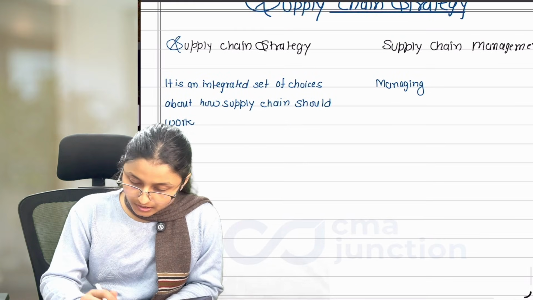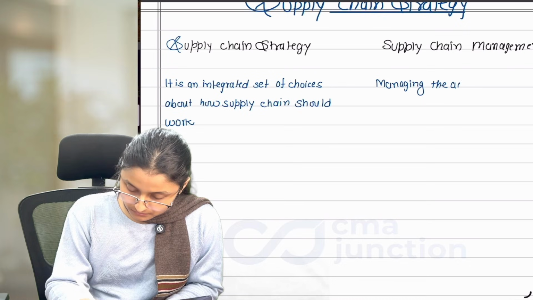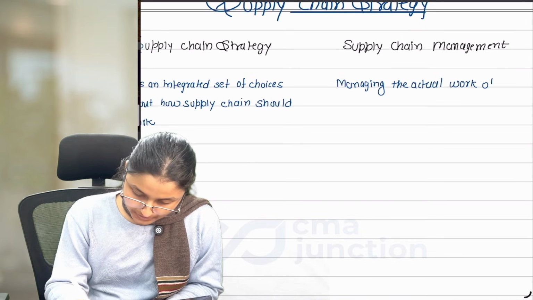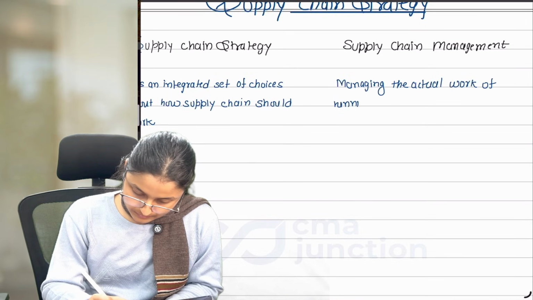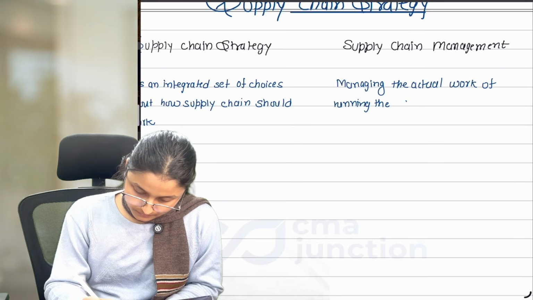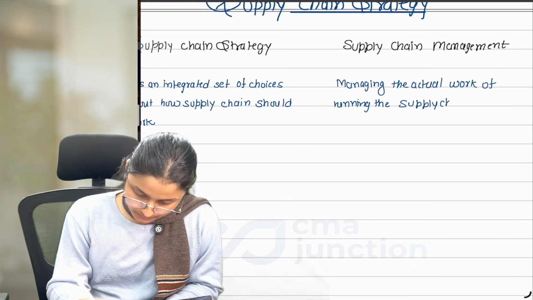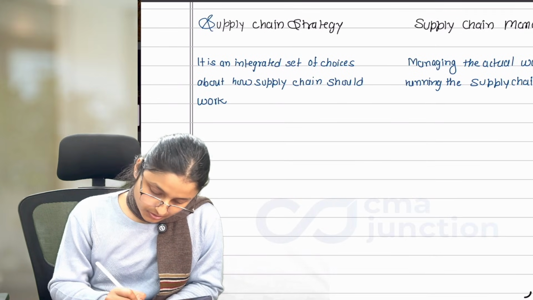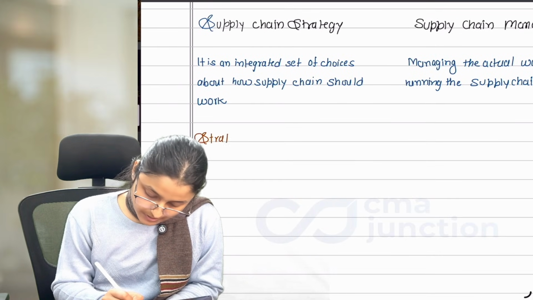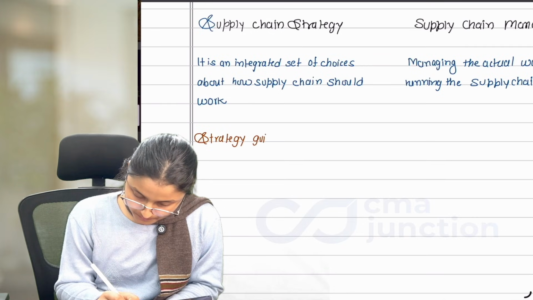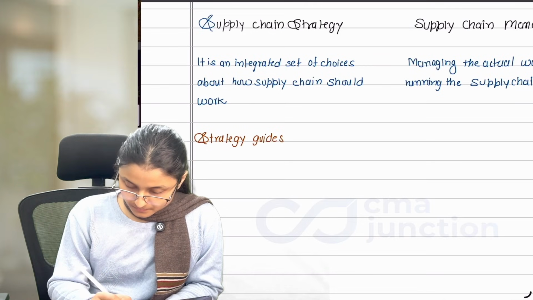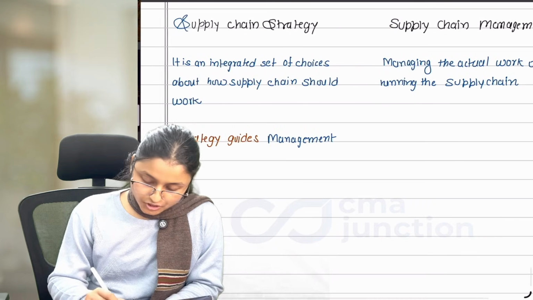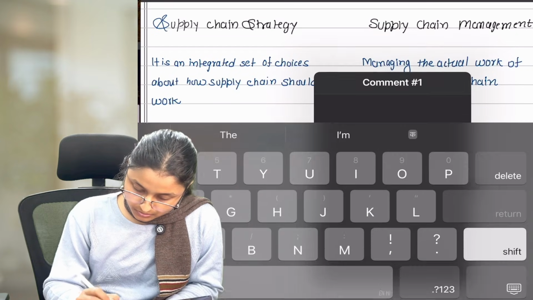Managing the actual running, or the actual work of running, the supply chain. Next, strategy guides management, and management follows the strategy.